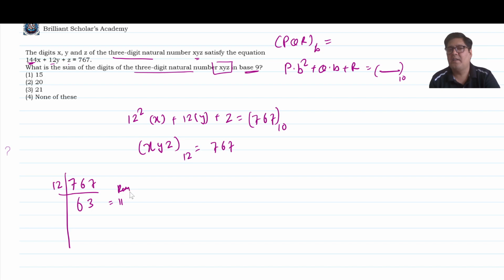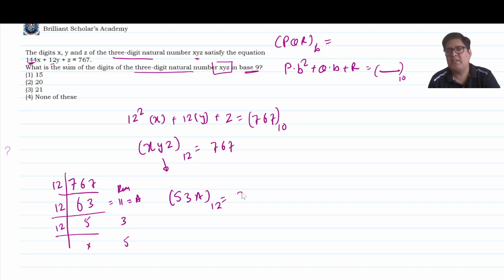This is the remainder, or we can say it is basically A. Then when I divide this, it is divisible 5 times 60, the remainder is 3, and division is not possible. So here these x, y, z values are 5, 3, 8.